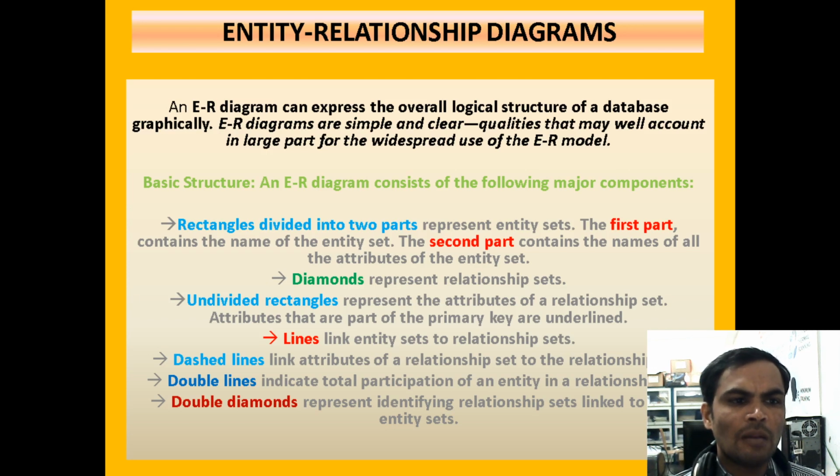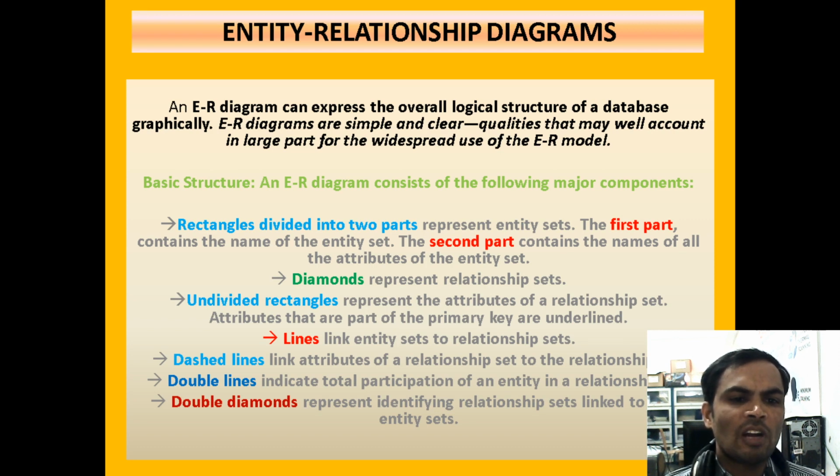Under the ER diagram, the basic structure consists of around 6 to 7 major components. Here, a rectangle represents an entity. The rectangle is divided into two parts.